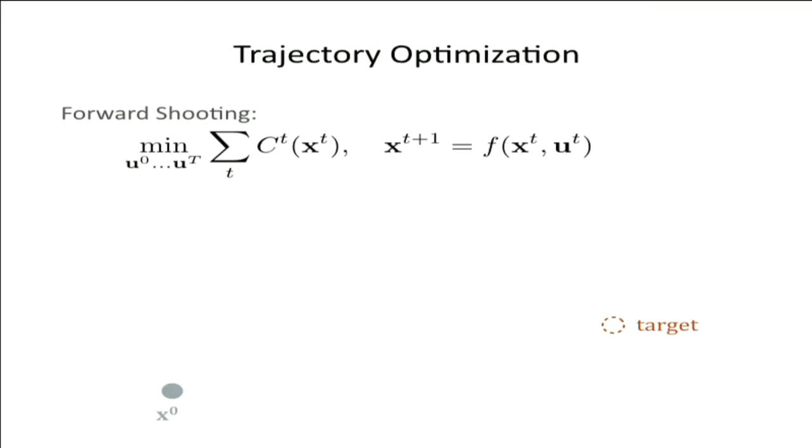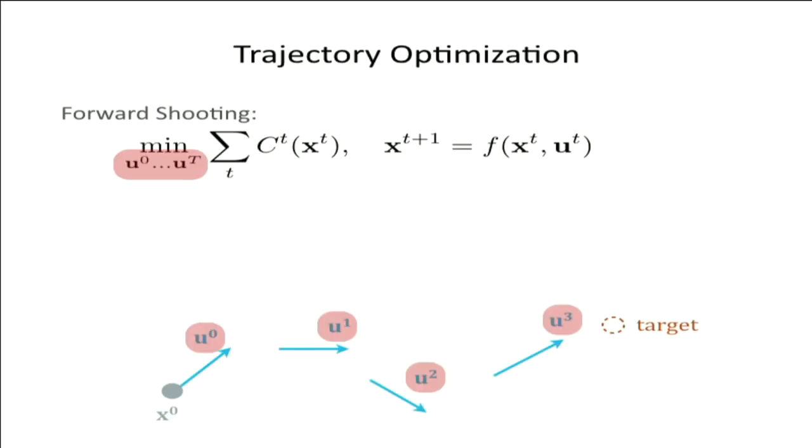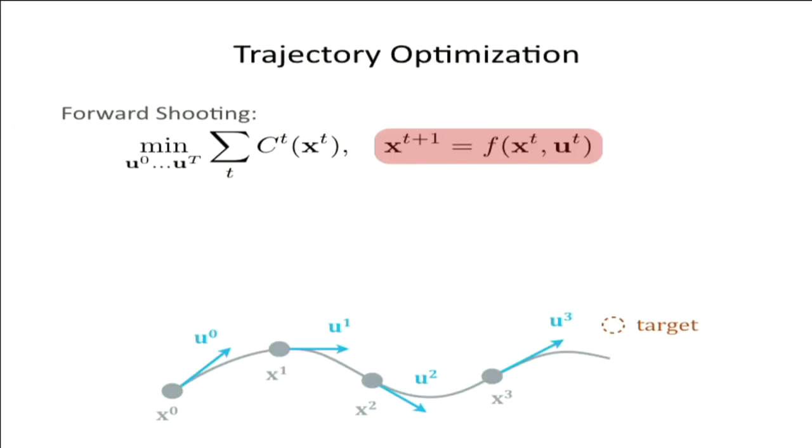We've already seen the forward shooting method as a way to find a solution where you optimize for the sequence of controls, then you have a forward dynamics function, and you apply the controls and get a sequence of states as a result. Then you find the controls that minimize some cost function, like getting to the goal.